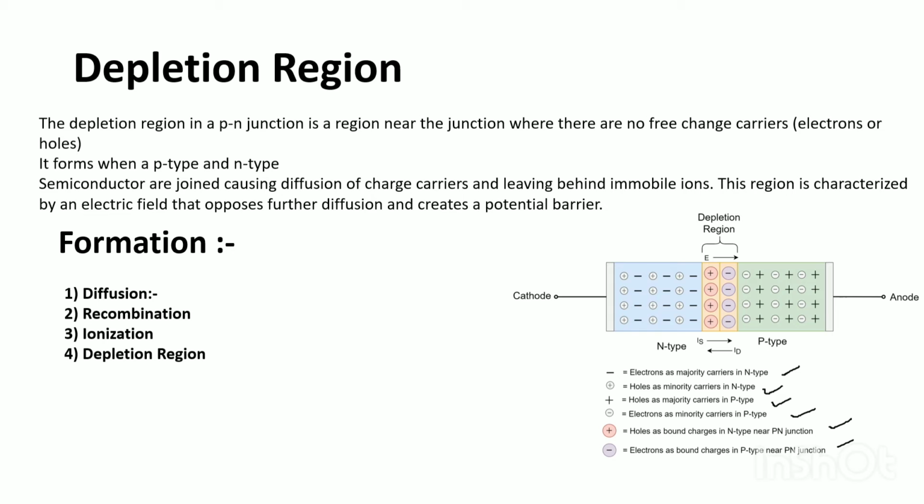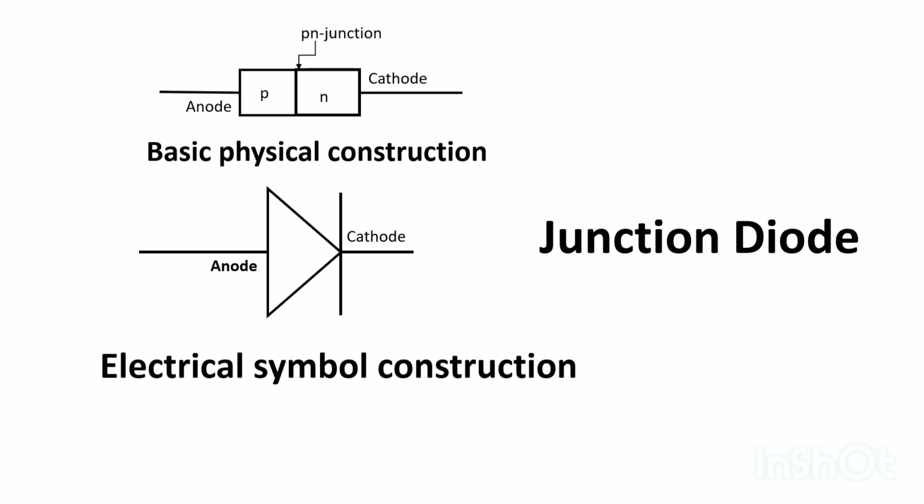Ionization: these recombinations leave behind ionized dopant atoms. Depletion region: the region containing these ionized atoms and devoid of free charge carriers is the depletion region. Now here is the junction diode diagram and electrical symbol construction.